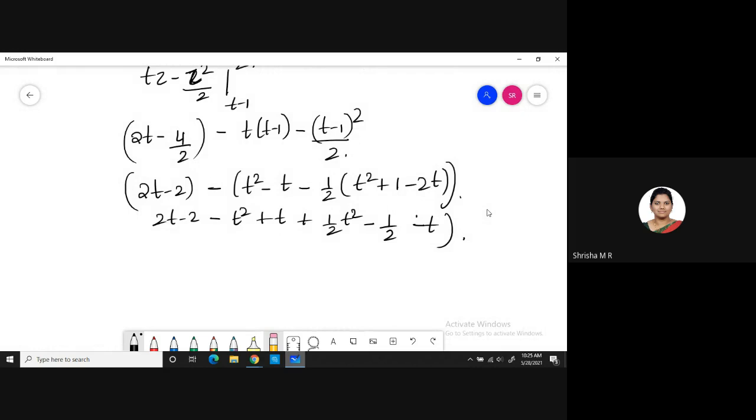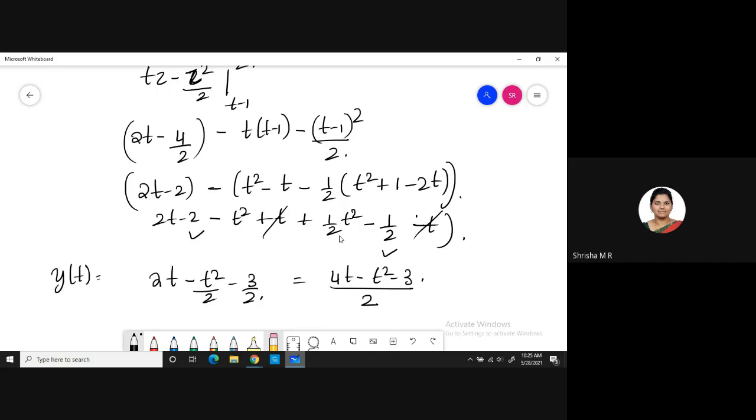Now tell me what will get cancelled. Plus t and minus t will get cancelled. So minus 2 minus 1 by 2 you have here, and you have 2t. Minus t square plus t square by 2 will be minus t square by 2. And if you add minus 2 minus 1 by 2, you will get minus 3 by 2, correct? So take LCM. So it will be 4t minus t square minus 3. This is your y of t, correct?